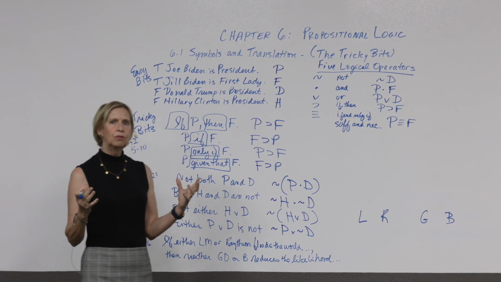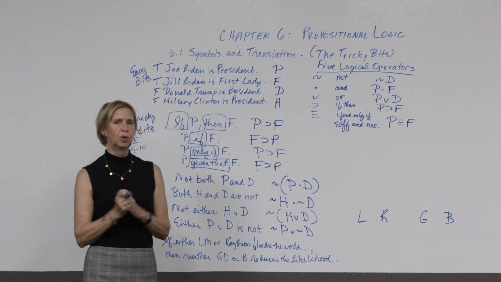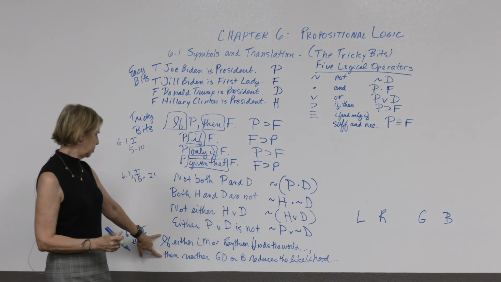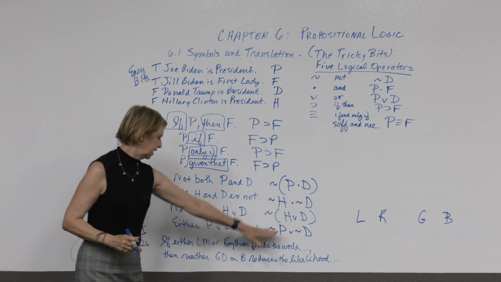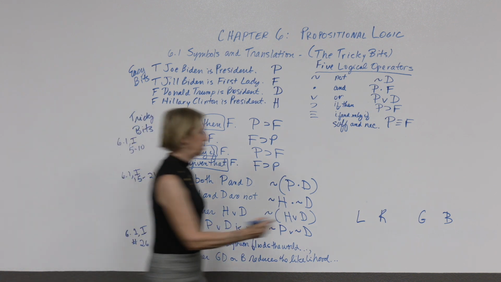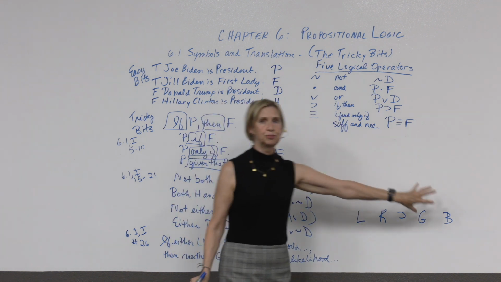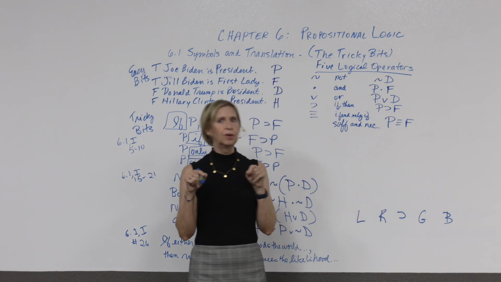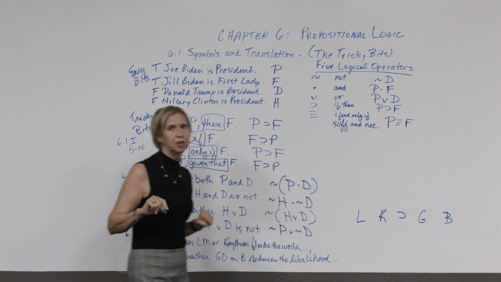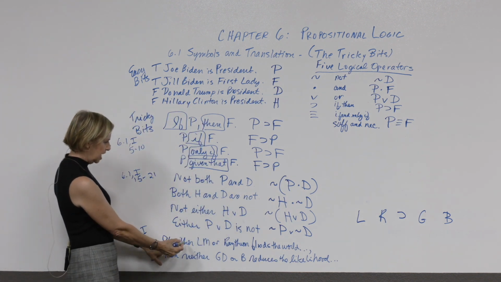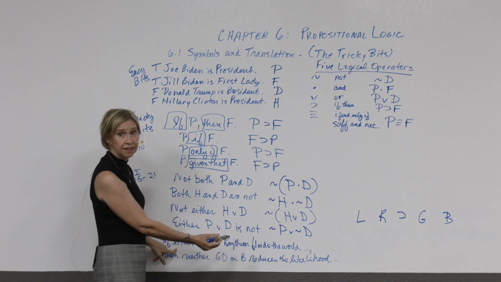Now we have to worry about what's the logical relationship. What did the statement actually say? Well, we know the main operator is if this, then that. So we need a horseshoe. And because these are compound expressions, we're going to need parentheses. But let's make sure we put the parentheses in the right place. This is either Lockheed Martin or Raytheon.